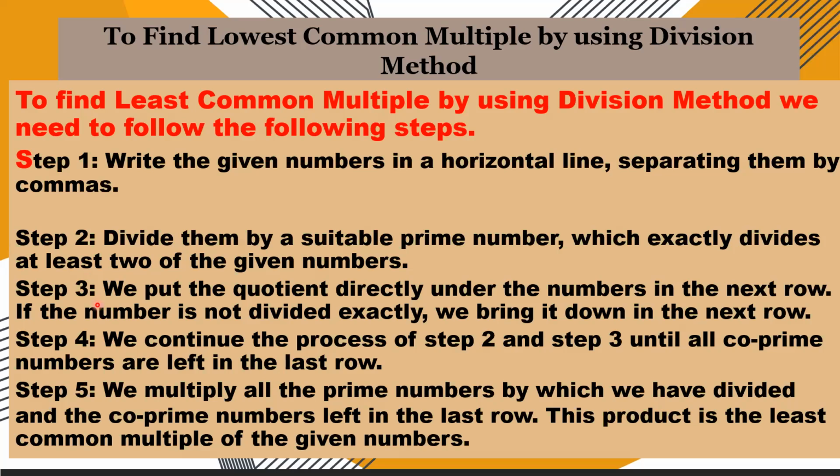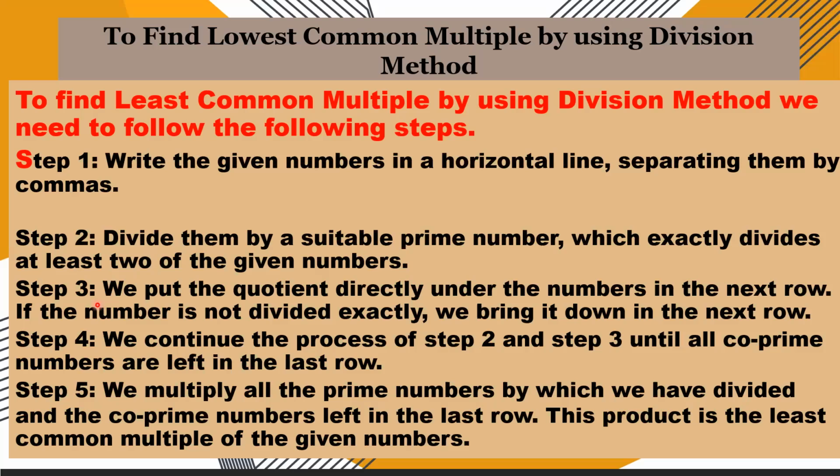Step 4, we continue the process of steps 2 and 3 until all co-prime numbers are left in the last row. And the last step is we multiply all the prime numbers by which we have divided and the co-prime numbers left in the last row.